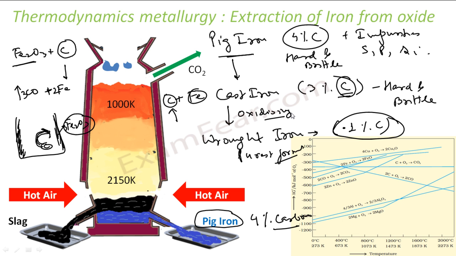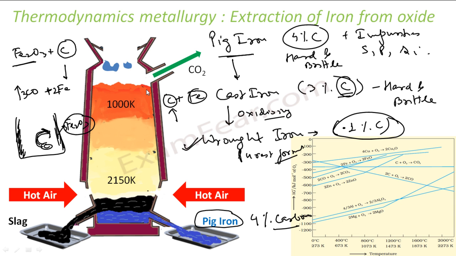And if it is 0.1%, we call that wrought iron. A good example is the whole Eiffel Tower, the big Eiffel Tower, which is constructed using this wrought iron. This is the purest form of iron, you can say. It is commercially used to make bridges, houses, everywhere we use this wrought iron. Correct? So it's a very important process.